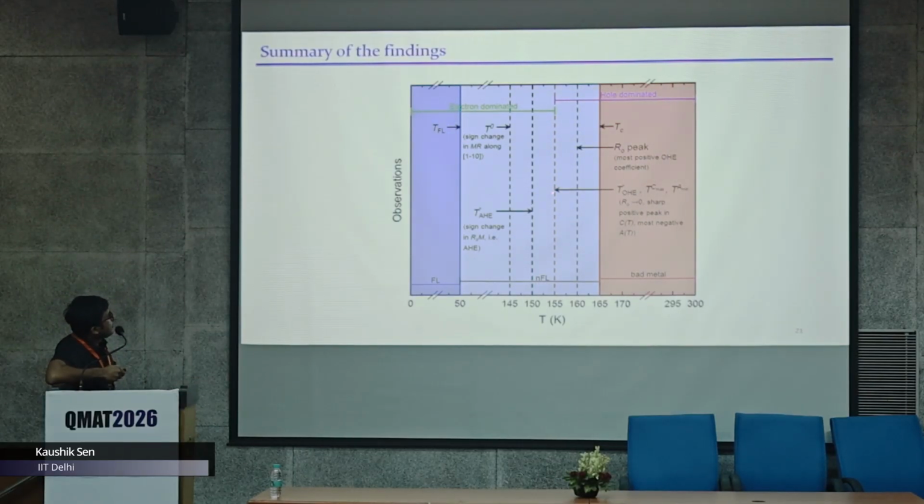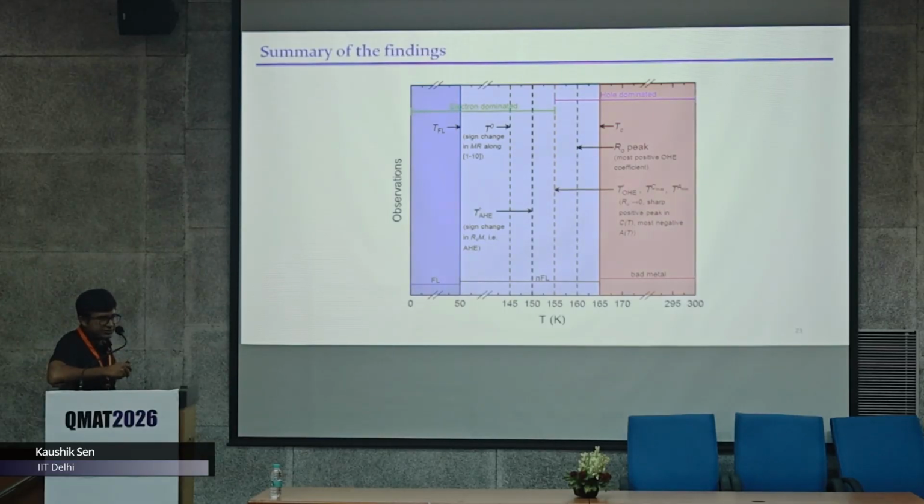And the ordinary Hall effect is changing, and the anomalous Hall effect is also changing its sign, followed by the ferromagnetic transition, and a sign change in the magnetoresistance is also happening near the transition. So everything is basically triggered by the ferromagnetic transition in the compound.